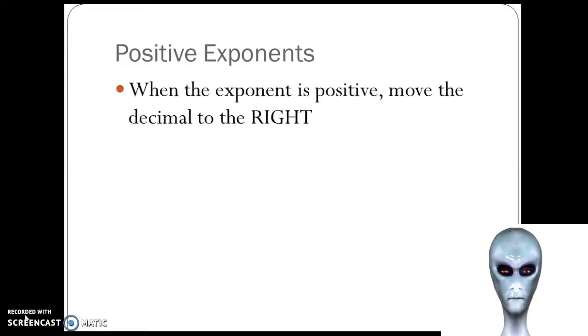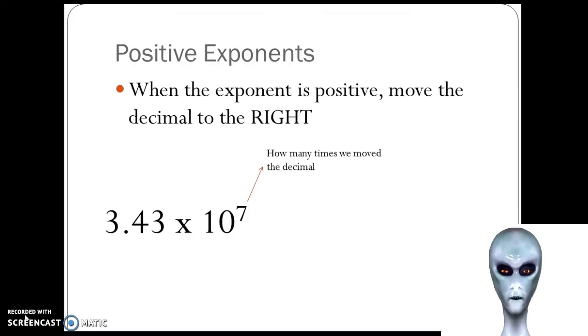Okay, so if a number written in scientific notation has a positive exponent, that symbolizes that it's a very, very big number. It's a number greater than 1. So in that case, we would move the decimal to the right. In this example here, 3.43 times 10 to the 7th power, the 7 symbolizes how many times we would move the decimal to the right.